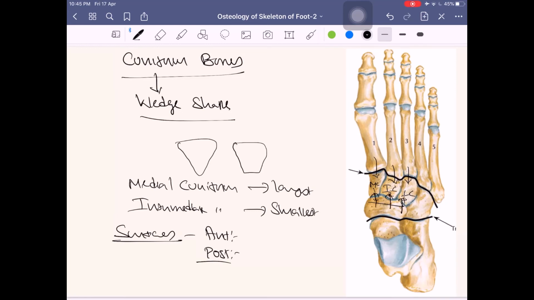Then there are superior, inferior, medial and lateral surfaces. Anyway, these surfaces are not important, but what is very important, you can note down: your anterior surfaces are forming joints. Your first cuneiform forms a joint with the base of the first metatarsal, intermediate forms with the base of the second, and lateral forms with the base of the third. So those are the joints we have.